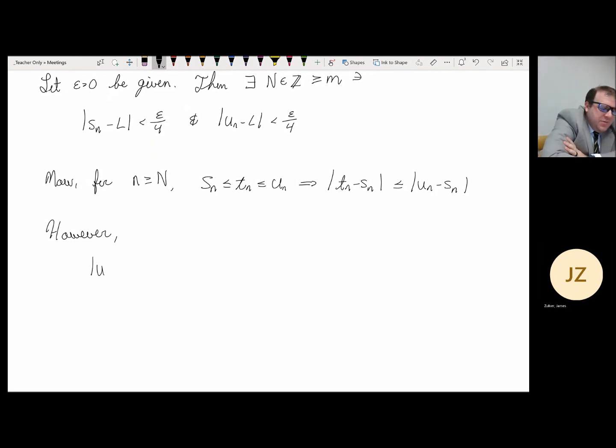However, if we take a look at the absolute value of U sub n minus S sub n, just add 0, so add and subtract L. So U_n minus L plus L minus S_n.